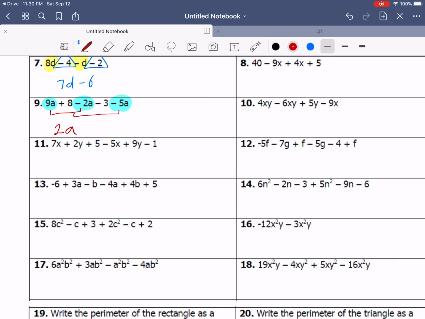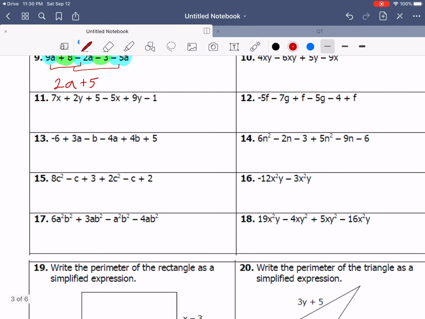Simply 9 minus 2 minus 5. Okay. Second one, 8 minus 3 will give you plus 5. It's easy, that easy.